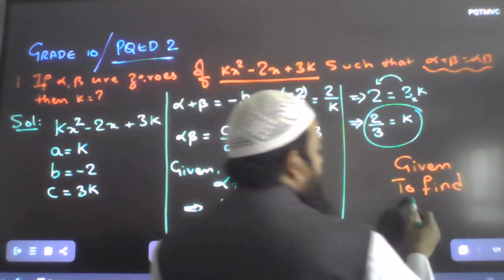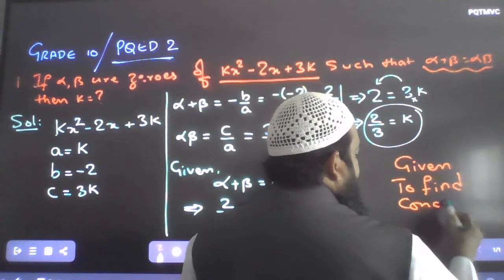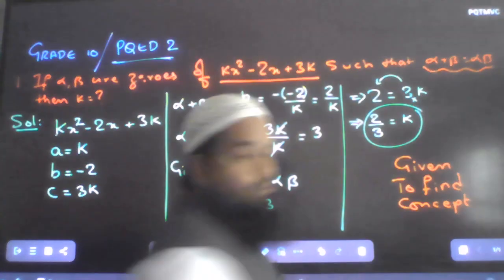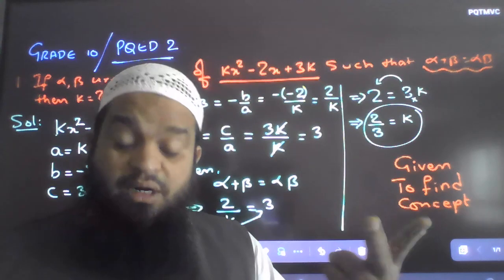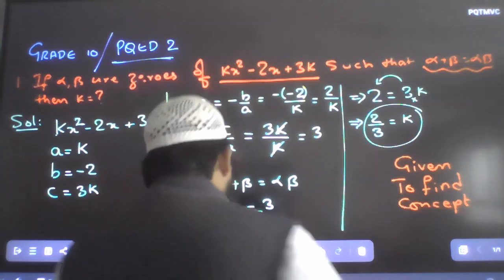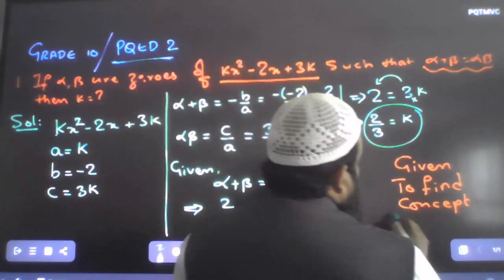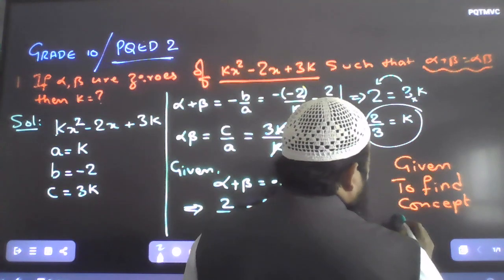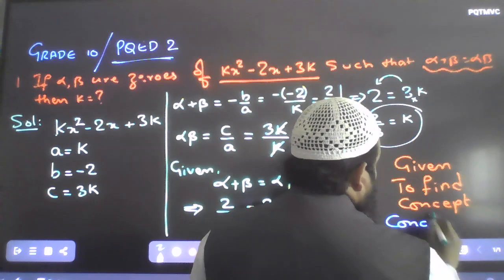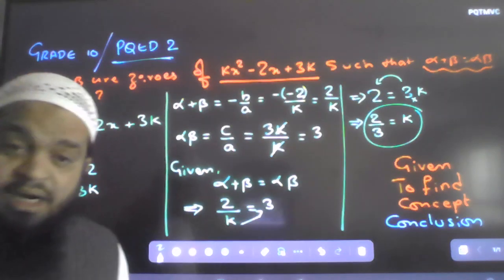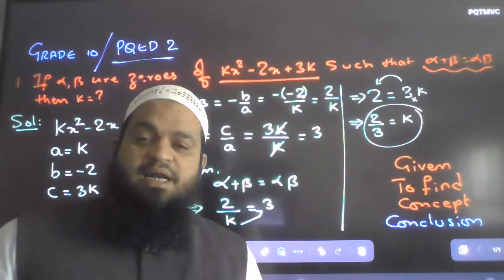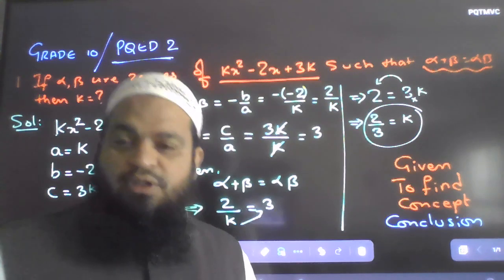After that, what is the concept? These three are very important: what is given, what to find, and what is the concept. And the last one is the conclusion. Make sure these four things are in your solution. Let us go for the next problem.